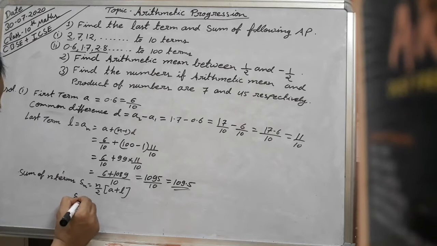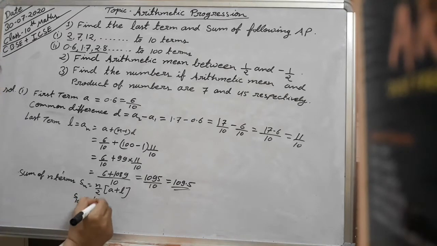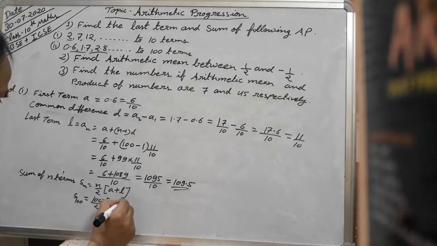Sum of 100 terms. S100 is equal to 100 by 2. What is A here? 6 by 10, plus the last term 1095 by 10.